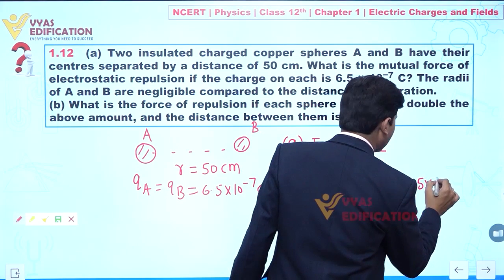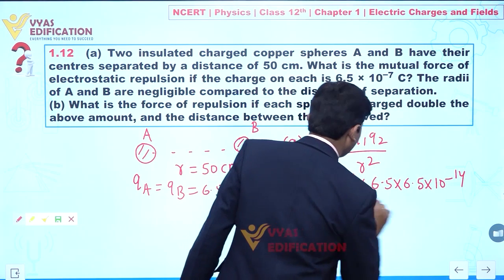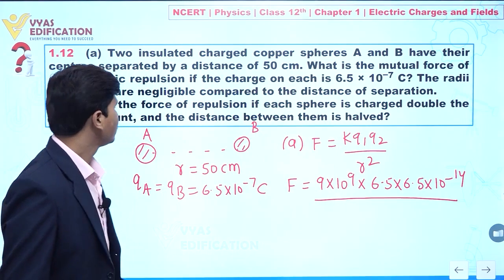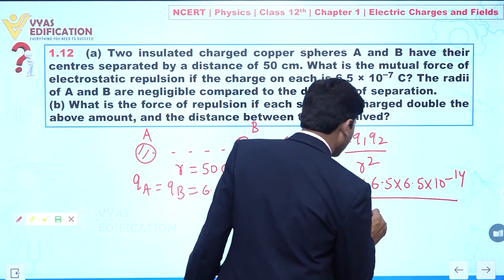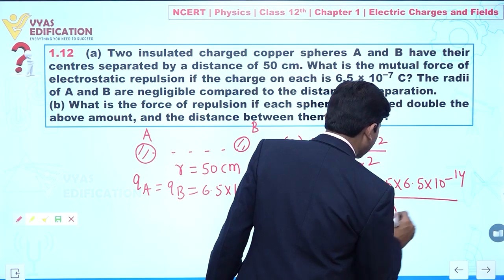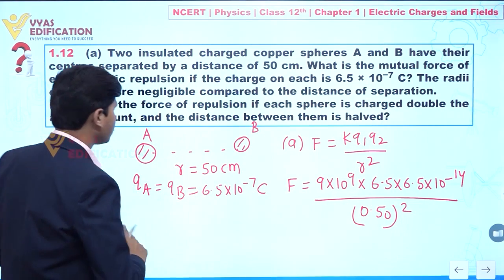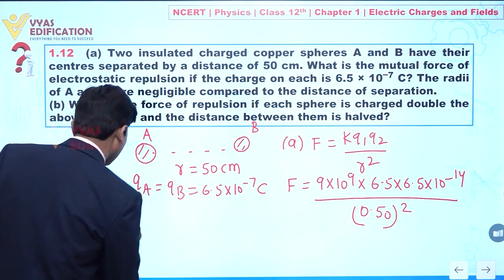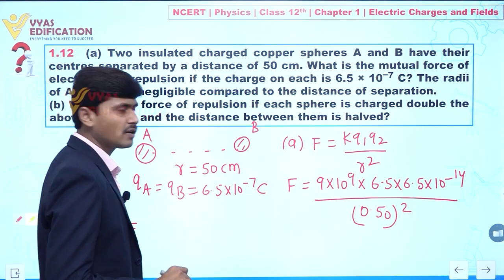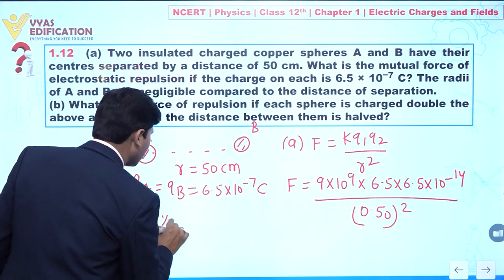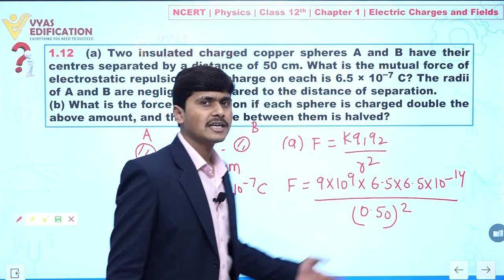6.5 into 10 to the power minus 14, divided by the value of R, which is 50 centimeters, so we can say 0.50, whole square. Now how can we calculate the value of F? We can write 9 into 6.5, I am writing as 13 by 2.